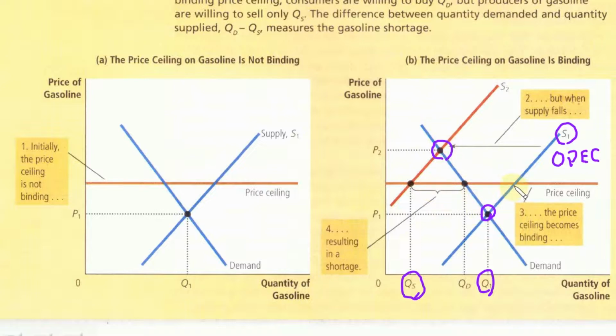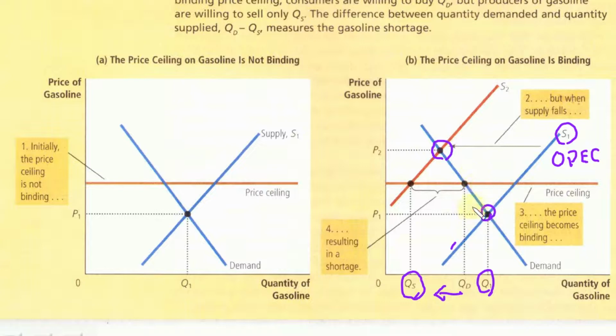Then this graph will move to the left, as the production quantity was reduced like this. Then if there is no price ceiling here, this is the deadline which the supplier can increase their price.